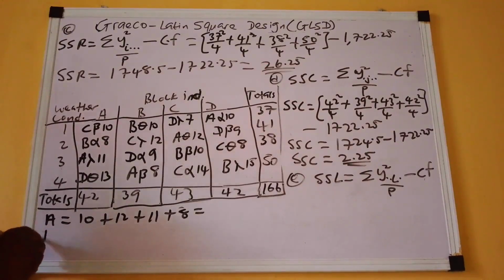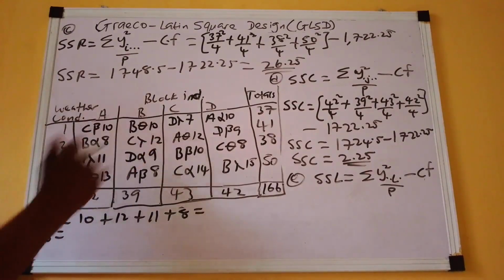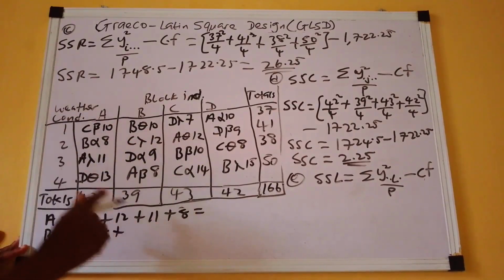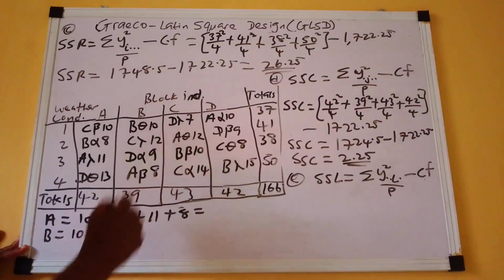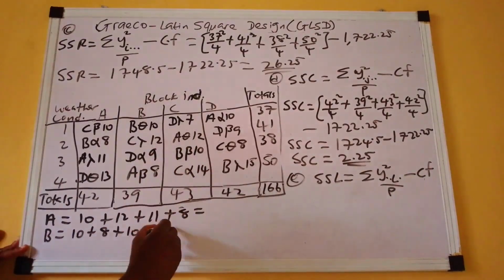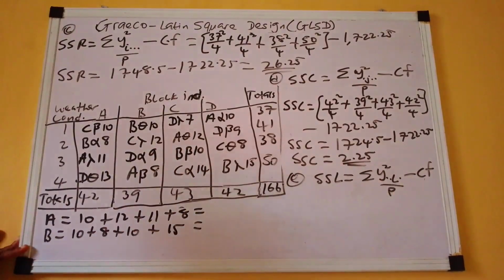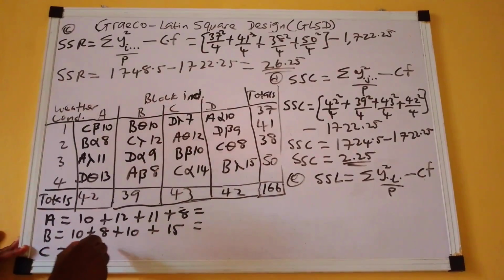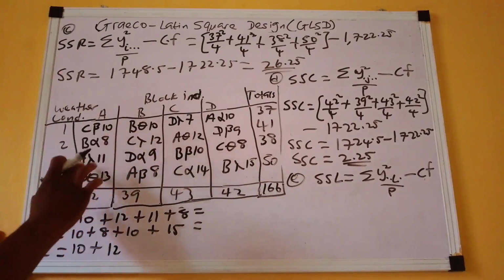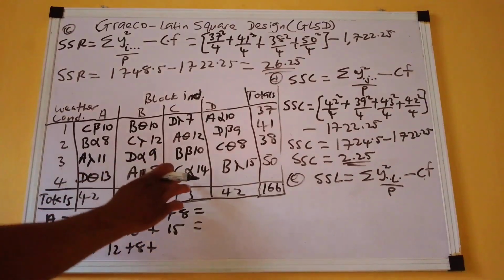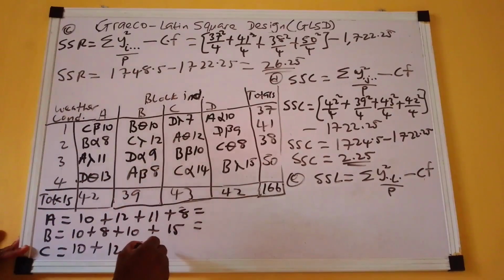Then you bring out your B. Here, B here is 10, plus B here is 8, then B here is 10, you take it row by row, then B here is 15. Then the next one is C. Here C is 10, then the second row C is 12, then the third row C is 8, then for the fourth row C is 14.